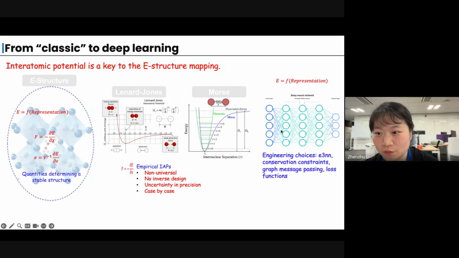But all in all, for machine learning atomic potentials, we use a deep neural network with the representation of the structure, and we can build a function that maps this structure to the energy. And then for the force field, the forces are the negative derivative of the energy with respect to each atomic site. And then we can also have the stress.